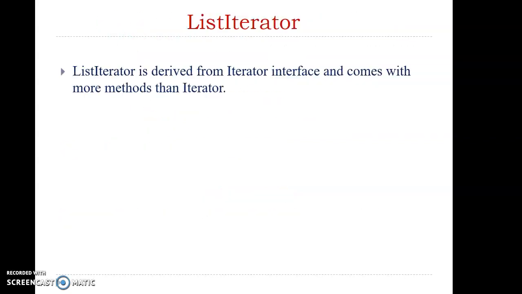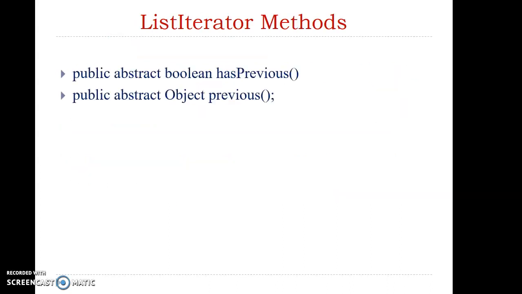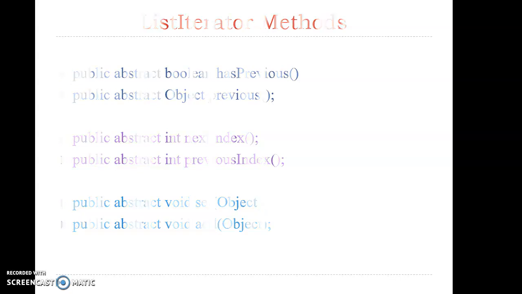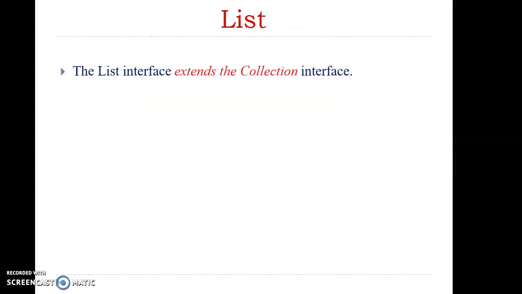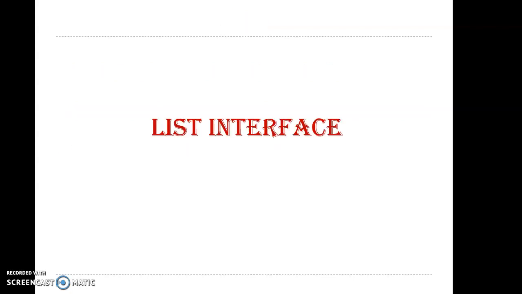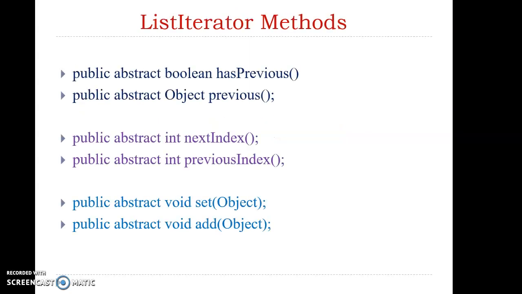It has the same methods as the iterator interface, but additionally it has previous, nextIndex, previousIndex, set if you want to replace a value, add to add a value, and remove to remove a value. List we will see in the next lecture. Just cover up to ListIterator.